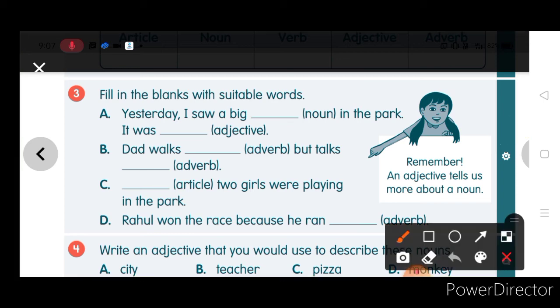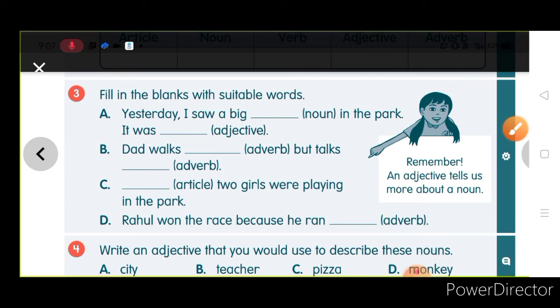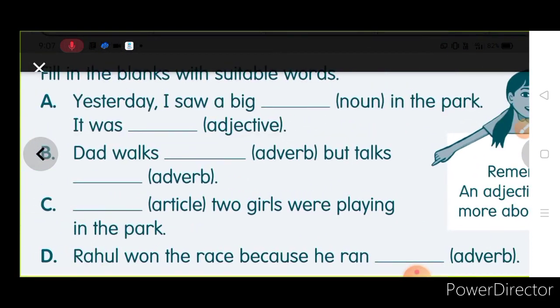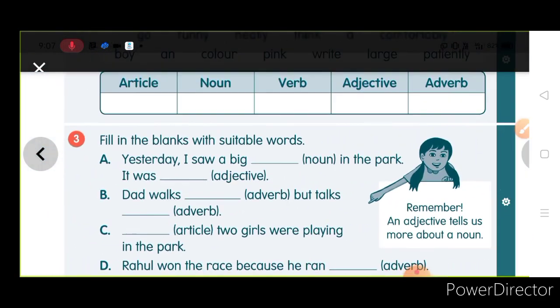For example, yesterday I saw a big snake in the park. It was very long. You can write it was very long, or it was long also. In that manner you have to fill in the blanks with the given parts of speech.